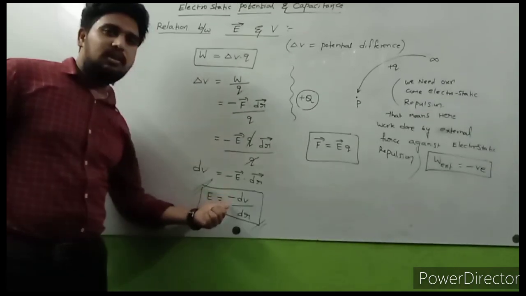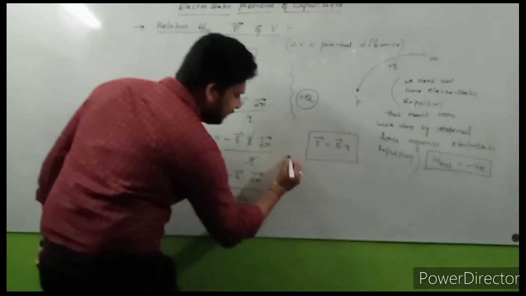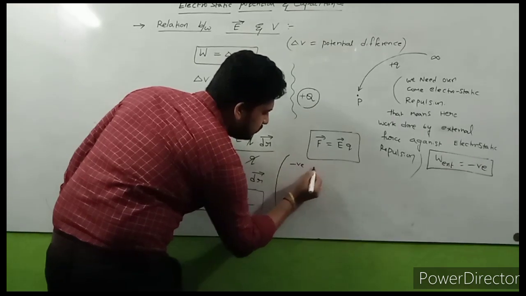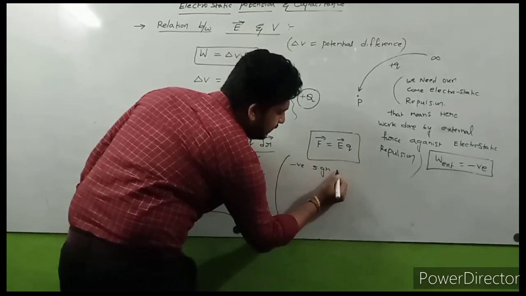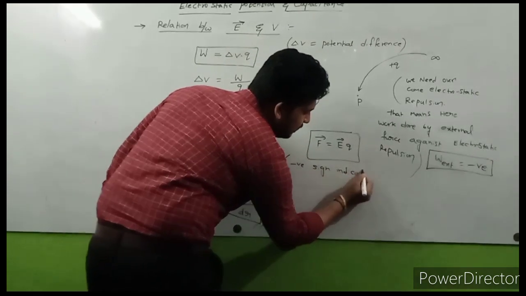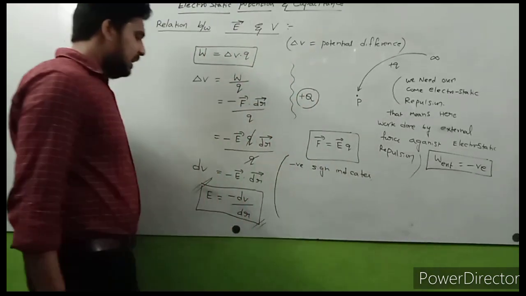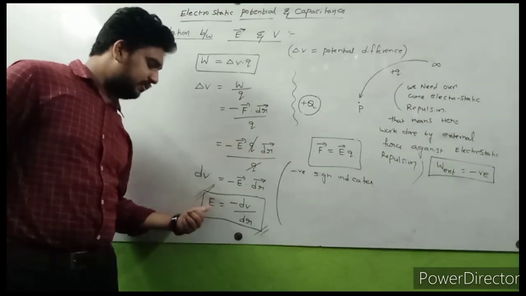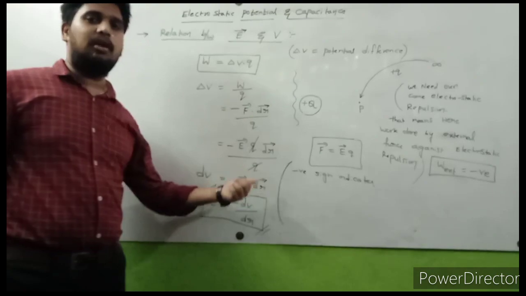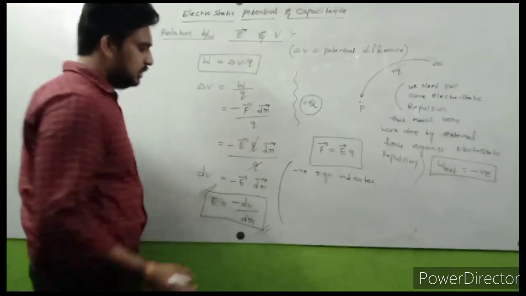So what is the meaning of this minus? This negative sign indicates, very, very important here, that the direction of electric field is always along the decreasing potential.